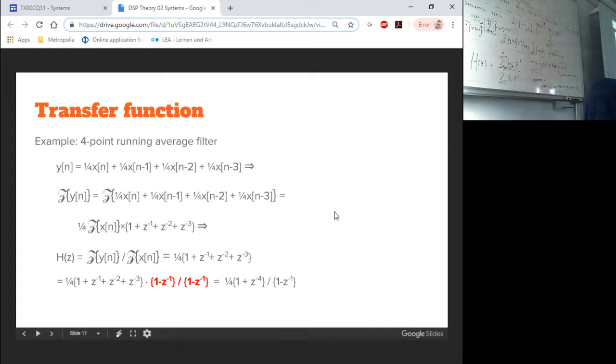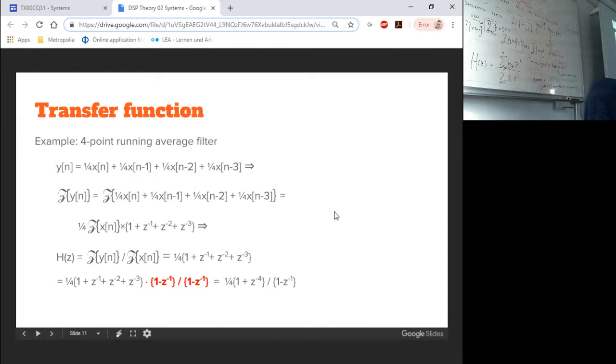Actually, there we had the difference equation y of n equals the previous value plus 1/4 of the current value plus 1/4 of x of n minus, no, not x of n, more.